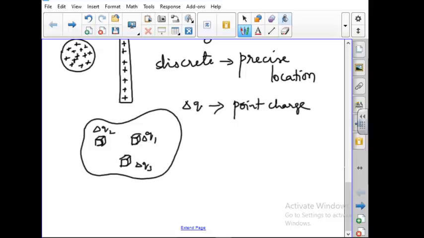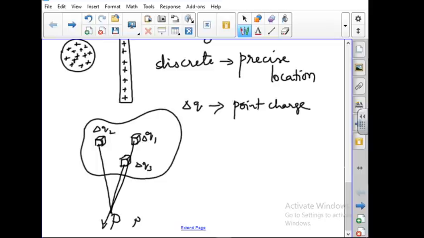So how will you calculate the electric field at a point P outside the charged object? So let us draw lines. Q1 is away. Therefore, the electric field is lesser.